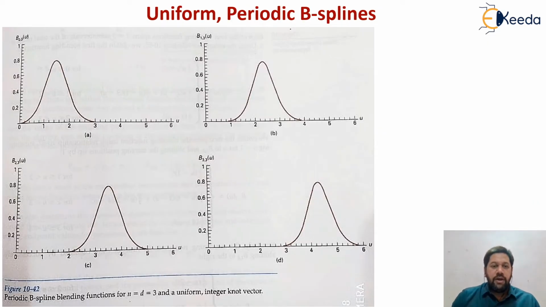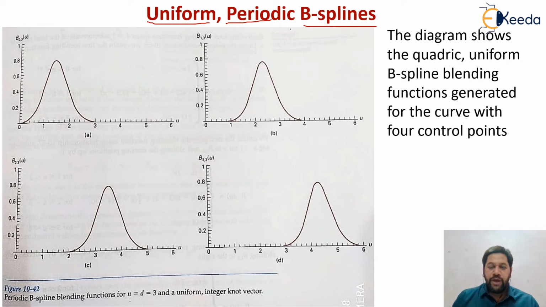Now I'm focusing on the uniform periodic B-splines. So before going to this particular diagram, let us understand what it shows: the quadratic uniform B-spline blending functions generated for the curve with four control points.